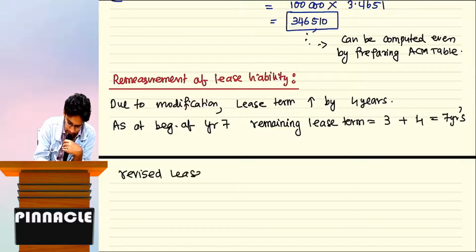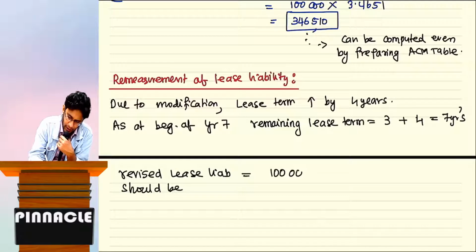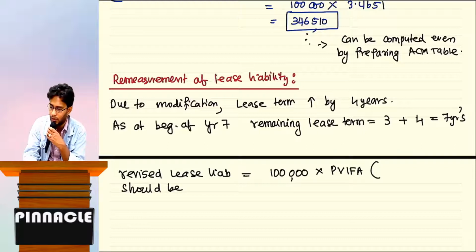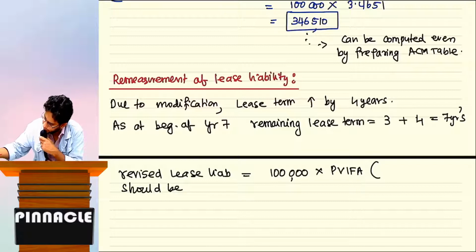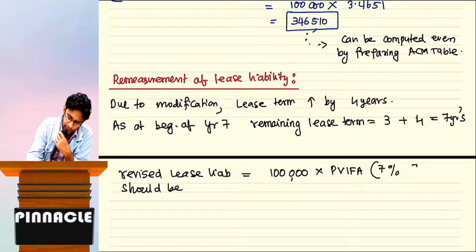Revised lease liability should be equal to, all 7 years the same rent only, no? So directly PVIFA, not the original 6%, now 7%. 7% you take, 7% for remaining 7 periods.